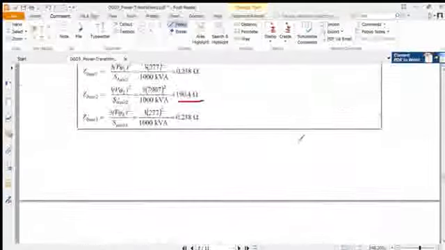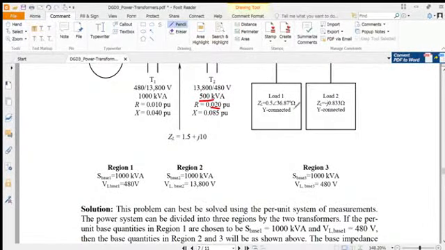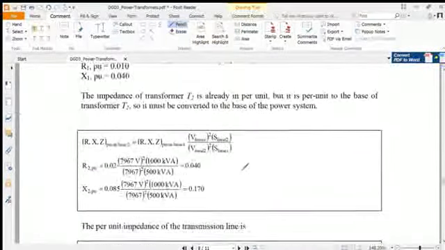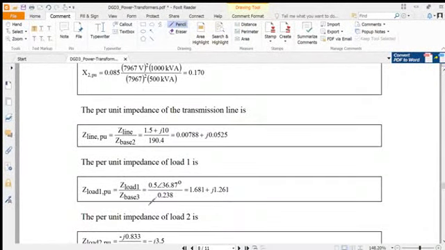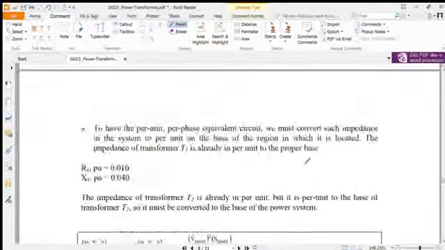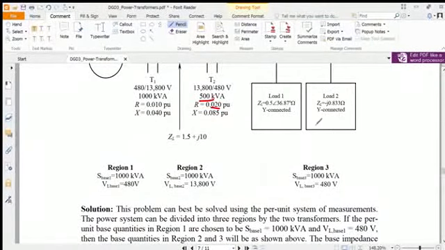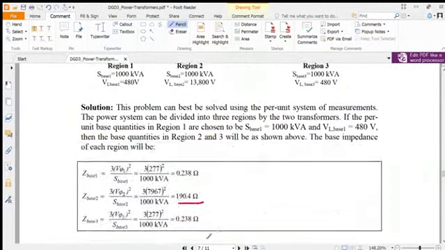The load is given here. It's 0.5 angle 36.87. And what is the base value in zone 3? Both loads fall under region 3.